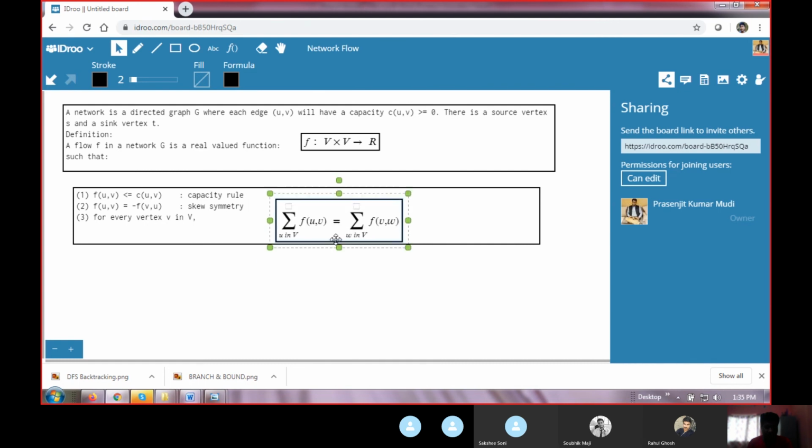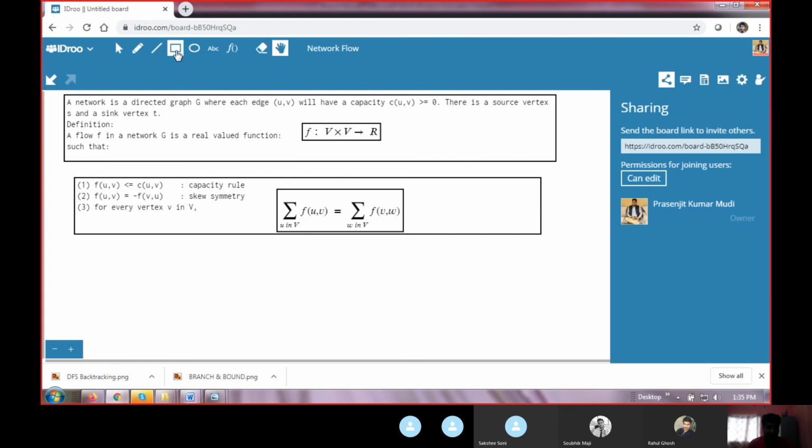Okay, so this is the picture. f of u v, shortly coming to this one, let's draw a picture. So let's say we have a vertex like this.